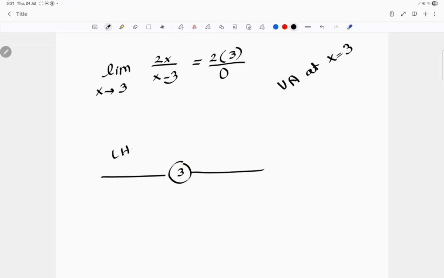So my left-hand limit will be when I plug in x of 2.999. My right-hand limit will be when I plug in x of 3.001. That means my left-hand limit is negative infinity. Right-hand limit is positive infinity. Are they equal to each other? No. So my limit does not exist.